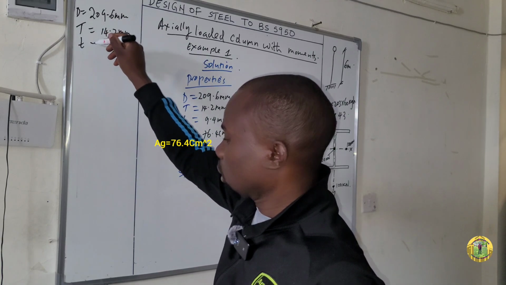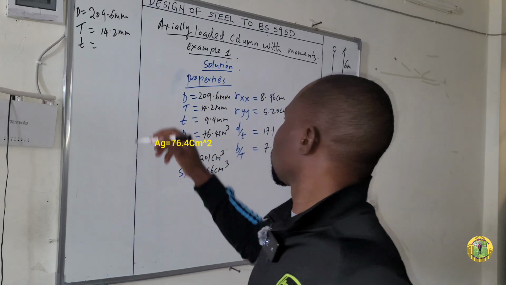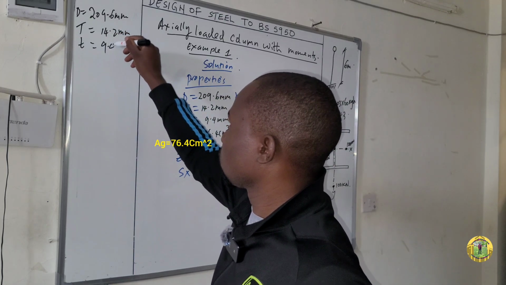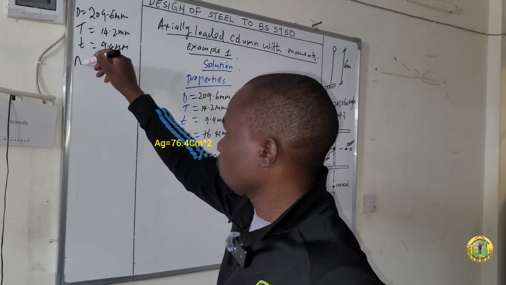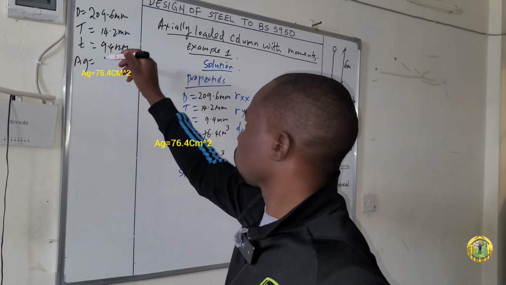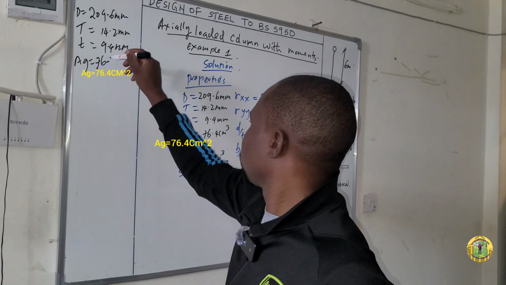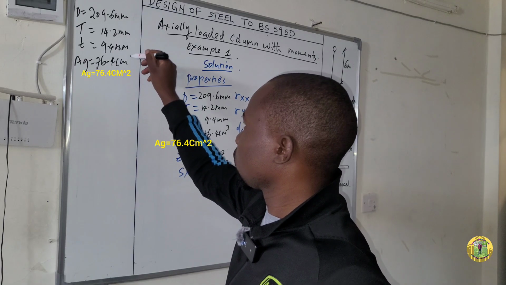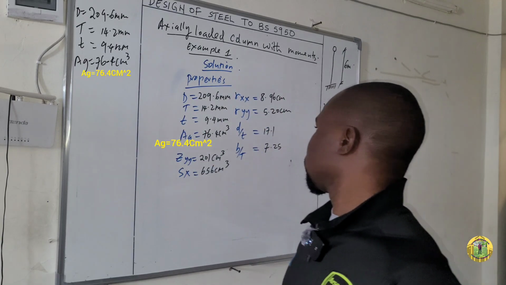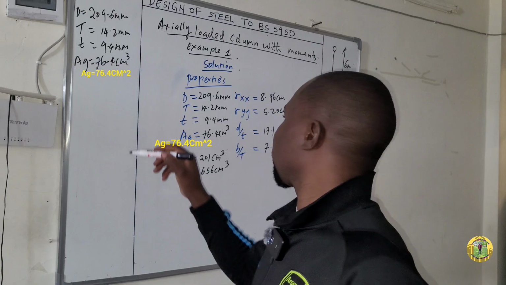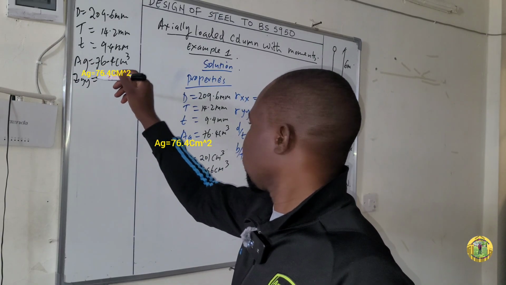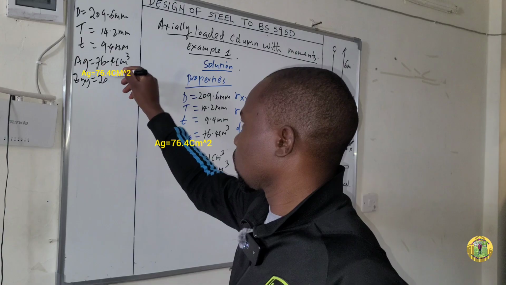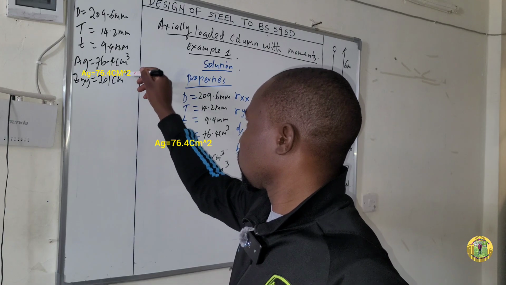Small t is equal to 9.4 millimeter. Area is equal to 76.4 centimeter cubed. And then we have ZYY equal to 201 centimeter cubed.